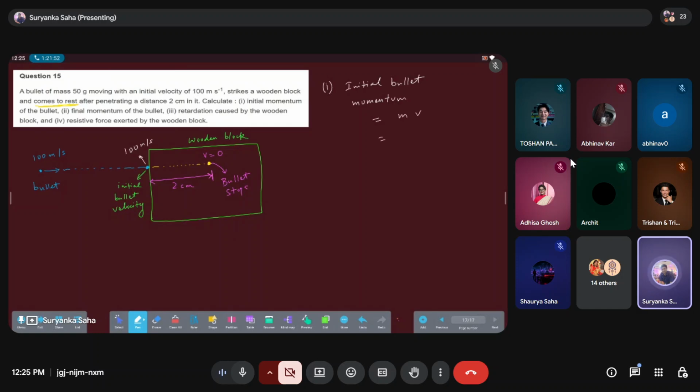Mass of the bullet is 50 gram, so 50 by 1000, and initial velocity of the bullet is 100 meter per second. So 5000 by 1000 is 5. It will be kg meter per second. Did you understand or not? Initial momentum of the bullet is 5 kg meter per second. So let me write over here the answer.